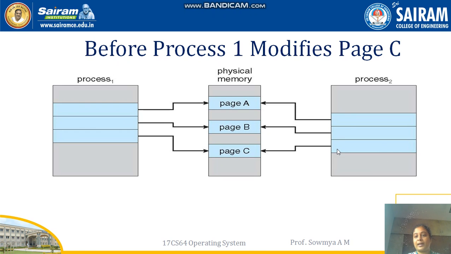Both are accessing 3 pages: page A, page B, page C. Until the process modifies the pages, they will be shared.